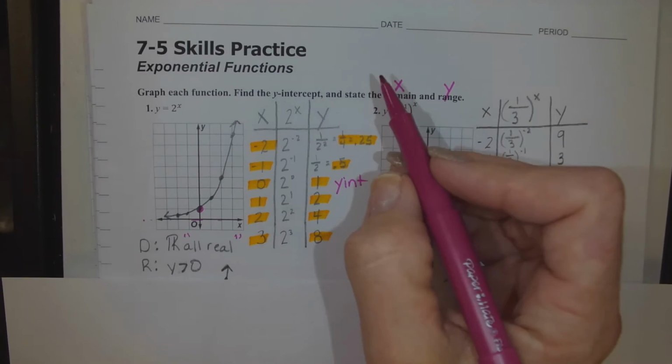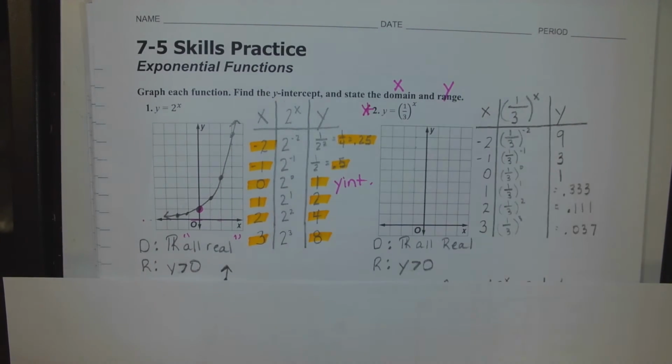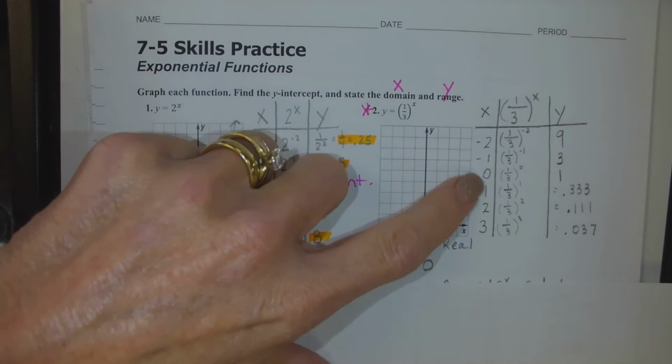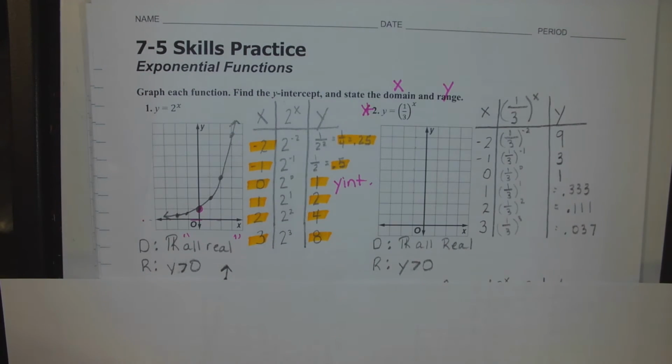Now, you're going to do number 2 by yourself, but I do want you to take a second and copy down the table I gave you.